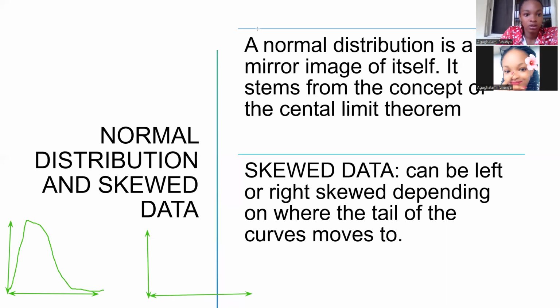I'm so sorry, these diagrams are awful. But as you can see, wherever the tail of the curve moves, this is the tail of the curve. So this is a left skewed data. This is the tail of the curve. This is a right skewed data. And the skewed data is also known as non-parametric data.